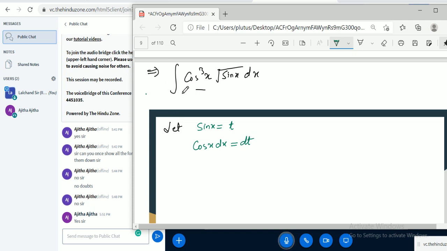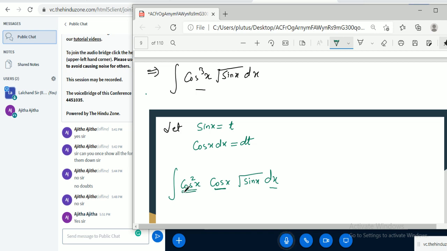If we substitute all those things here, we can rearrange this as cos square x into cos x under root sin x into dx. Okay. So these two terms will be dt and this will be under root t.